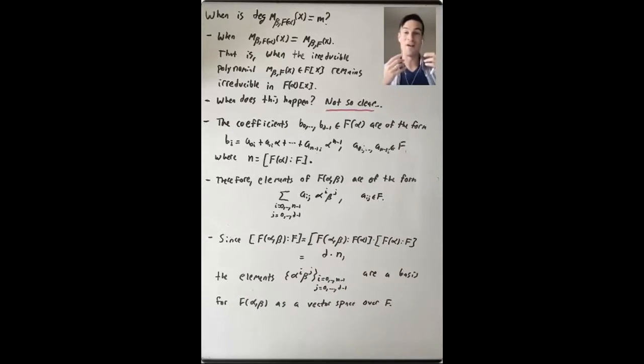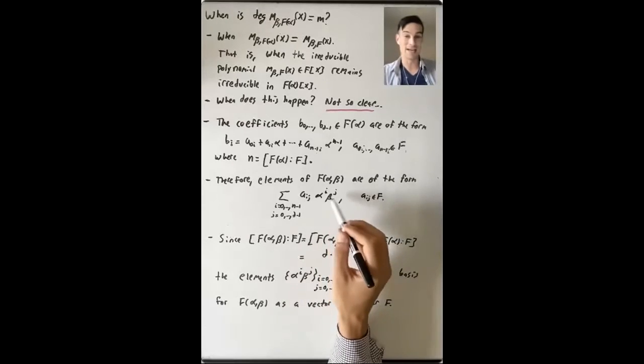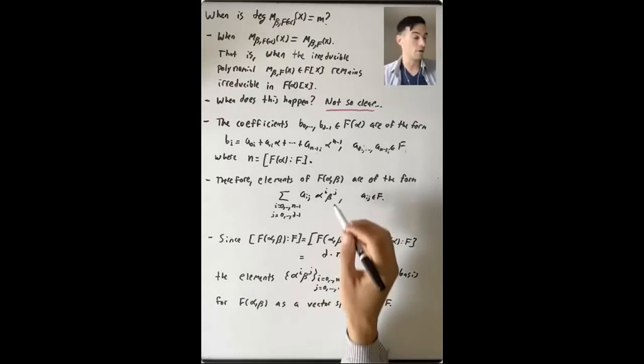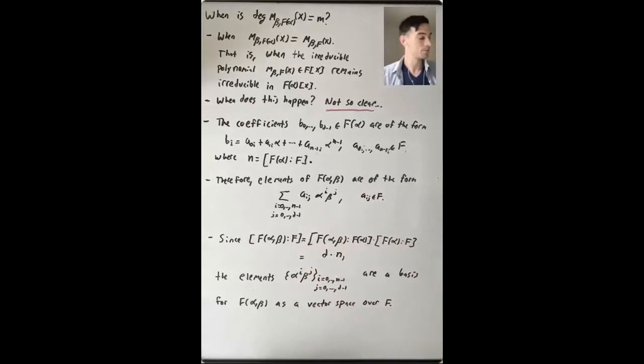Like the degree of F adjoin alpha 1 over F is the first exponent for alpha 1. The degree of F adjoin alpha 1 and alpha 2 over F adjoin alpha 1 is the degree of the polynomial in alpha 2. And then the degree of F adjoin alpha 1, alpha 2, alpha 3 over F adjoin alpha 1 and alpha 2 gives the power, the degree of the third, alpha 3.